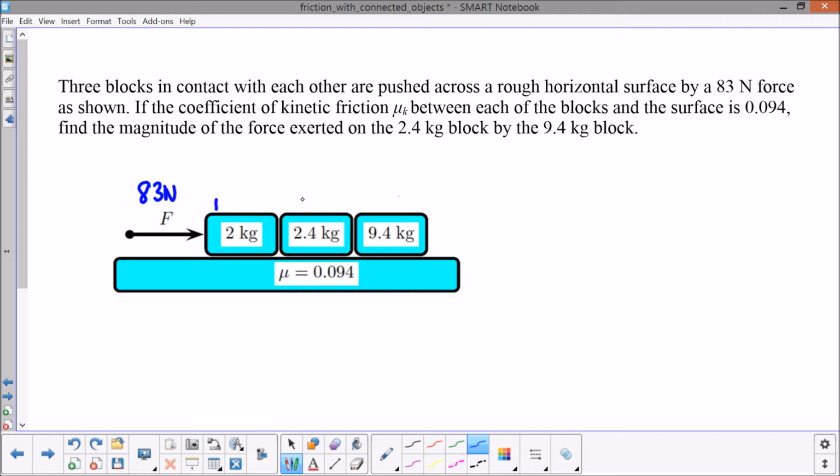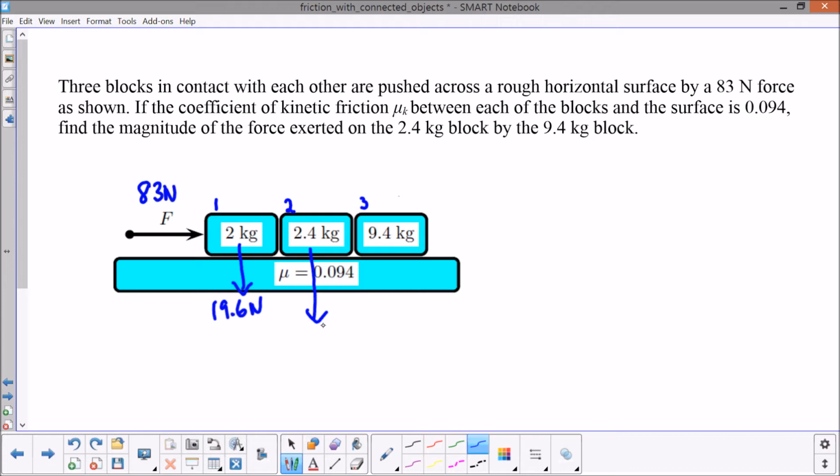Again, I'm going to label these boxes 1, 2, and 3. It's going to make it a little bit easier when I go through and try and find different forces. The first thing that I need to do is calculate the weight of each of the boxes. So the weight of the 2 kilogram box is going to be 2 times 9.8, or 19.6 newtons.